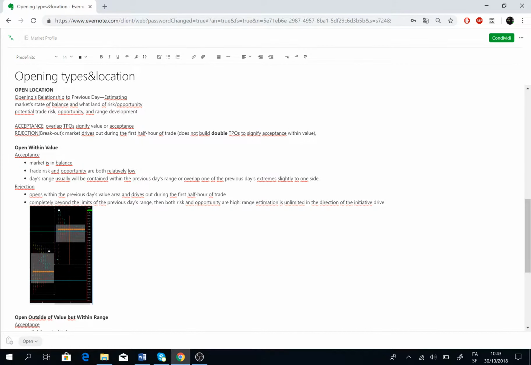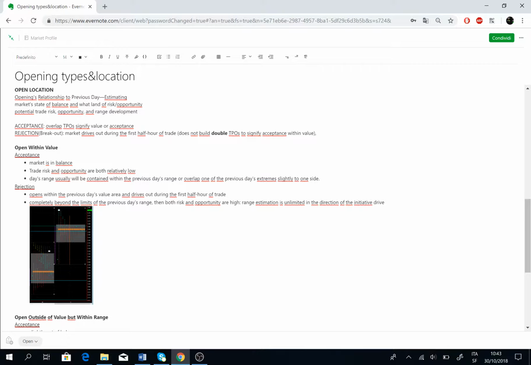So, open within value: we have opening within value when we open inside the previous day's value area, that is the 70% of where the market traded the previous day. Opening within value and having acceptance, so building overlapping type U's, signifies that the market is in balance and the trade and risk opportunities are both relatively low because the market is very quiet.